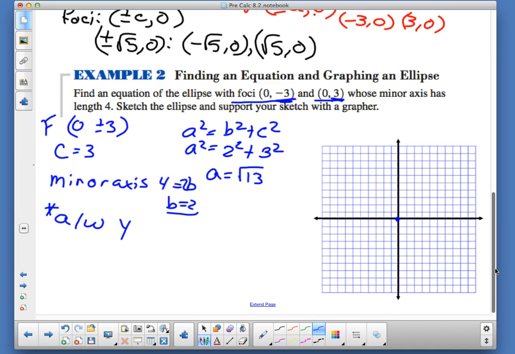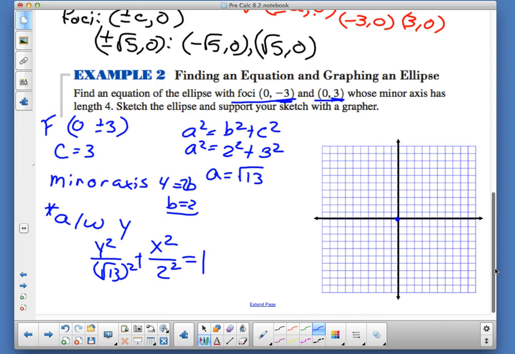So I know already that I have Y squared over the square root of 13 squared, plus X squared over my B being 2 squared, equal to 1. That's my general form of the equation after I've taken my foci and my minor axis and found my A.